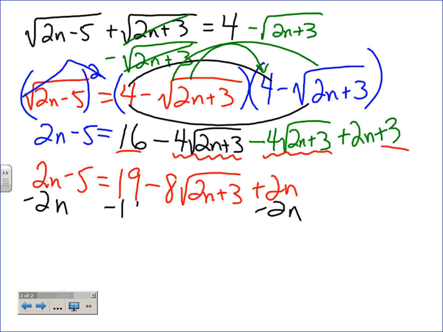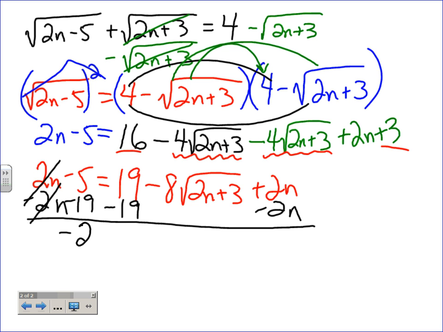And let's subtract the 19 while we're at it. 2n minus 2n. Gone. Negative 24 equals negative 8. Cancels.